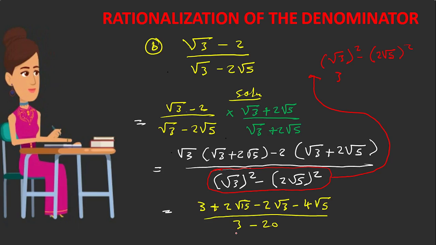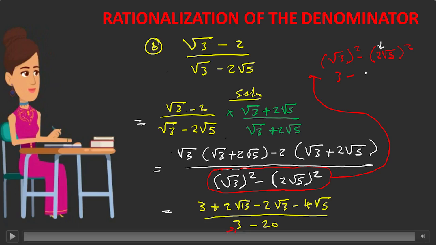Then on the 20 part, you put a negative. This 2 squared, because this squared is for both of them. So 2 squared is what? Taonga. 4. Then you say times square root 5 to the power 2, it's 5, isn't it?